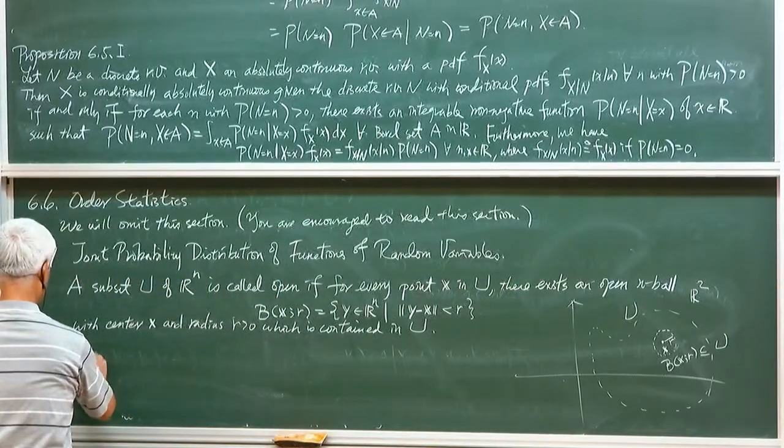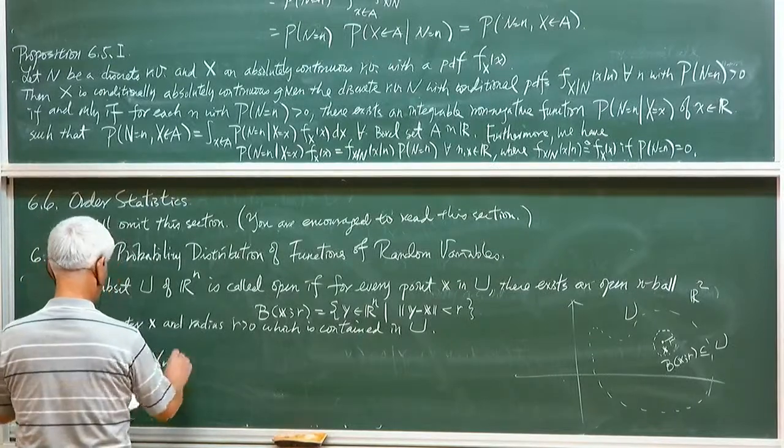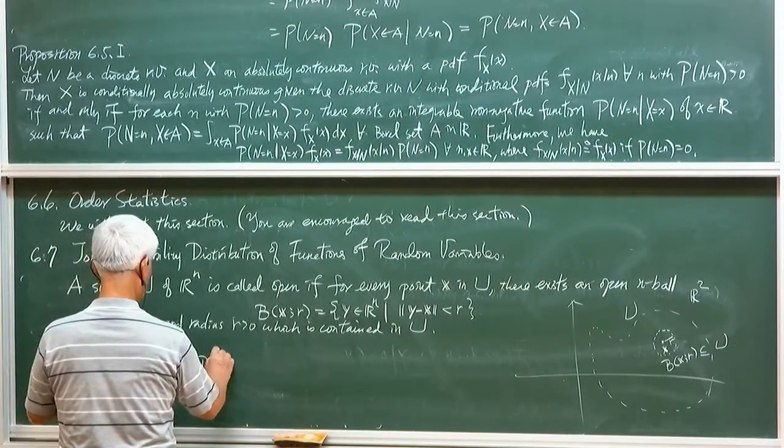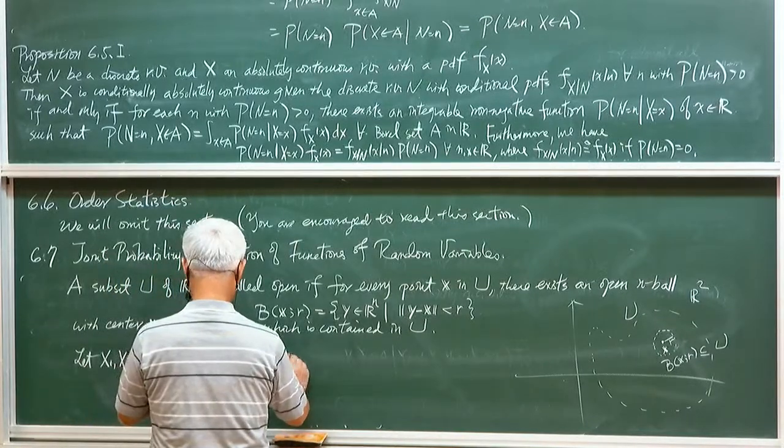Now we let X1, X2 up to Xn be jointly absolutely continuous random variables.